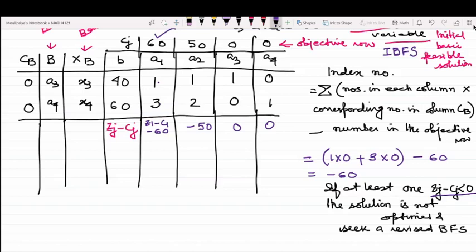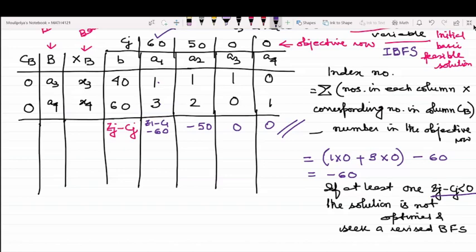Do you agree that till now the solution that we have got is not optimal? Why? Because Z1 minus C1 is less than 0, Z2 minus C2 is also less than 0. First tell me, are we okay till this?